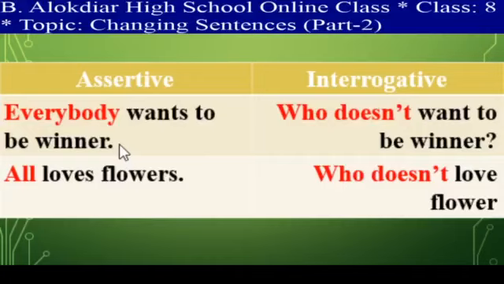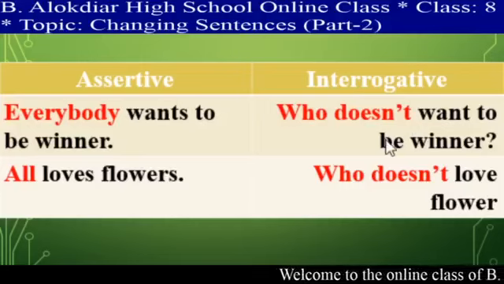You can see here that who is used instead of everybody. Then the auxiliary verb according to tense and person plus the base form of the verb, plus the rest of the sentence, plus note of interrogation.